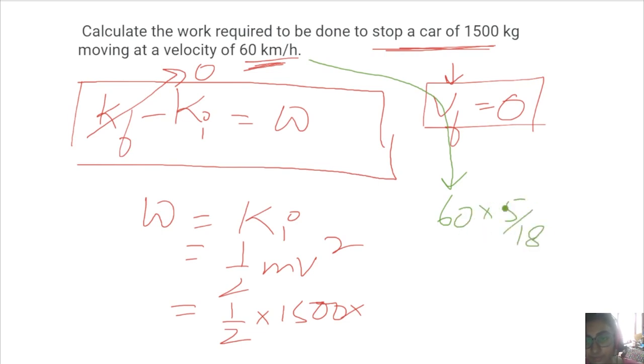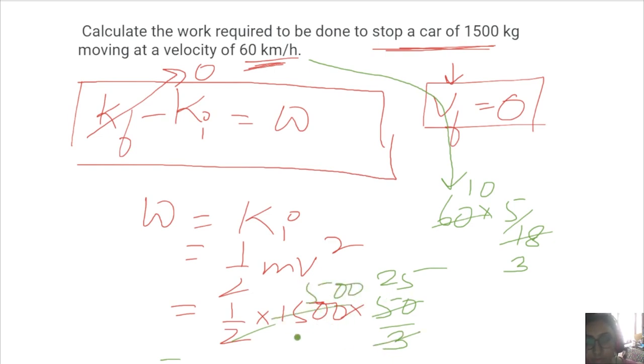So this is, for now we just keep it as 50 by 3. Okay. So the amount is coming to 12,500 joule, or we can write it as 12.5 into 10 to the power 3 joule.